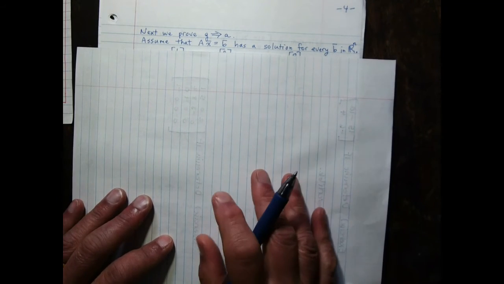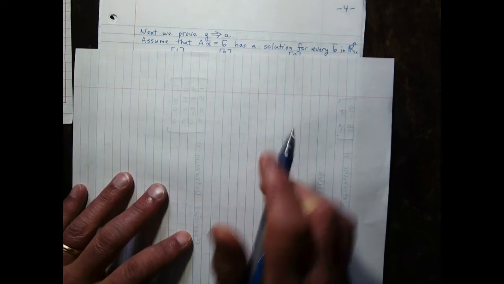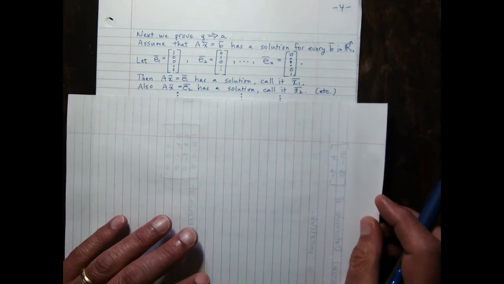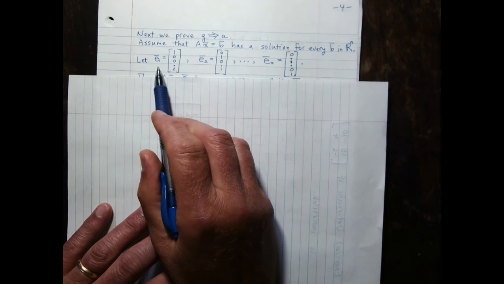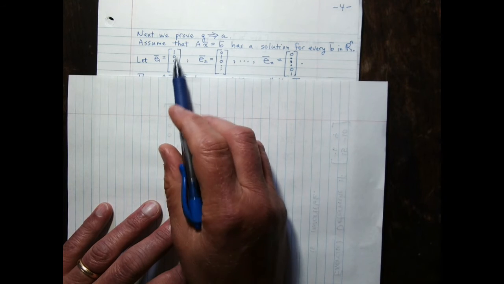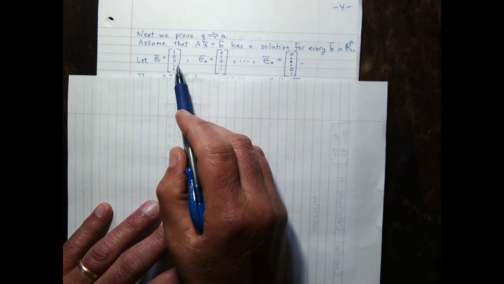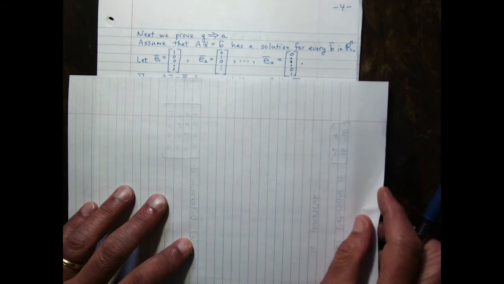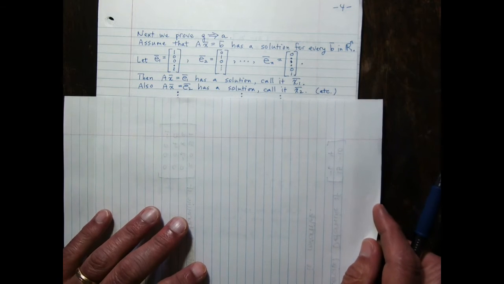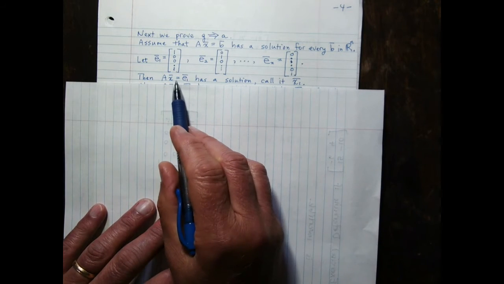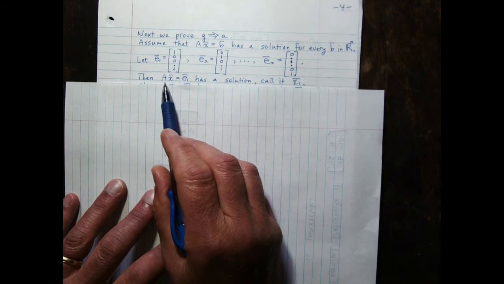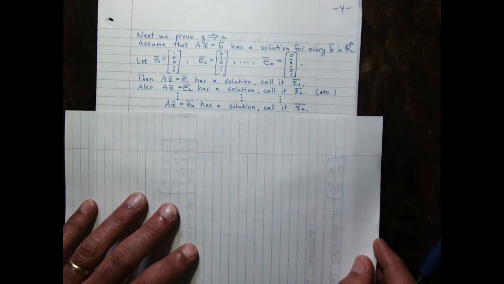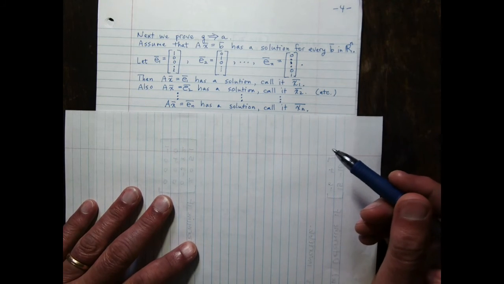And so what we're going to do is assume that AX equals B has a solution for every B in Rn. And now we're going to work with these E1 through En vectors, those vectors that have a 1 in one entry, zeros elsewhere. They're the columns of the identity matrix, the In matrix. Because AX equals B has a solution for every B, AX equals E1 has a solution, AX equals E2 has a solution, AX equals En has a solution, all the way down the line.